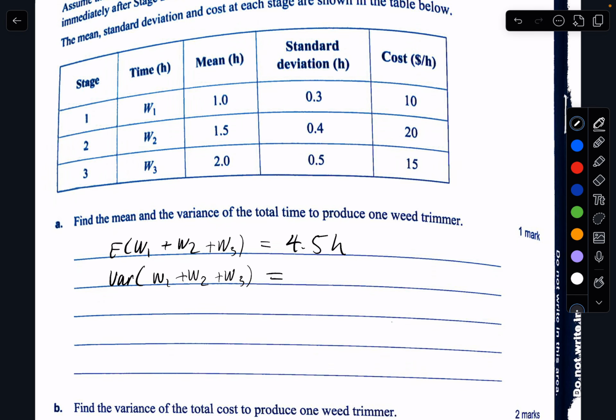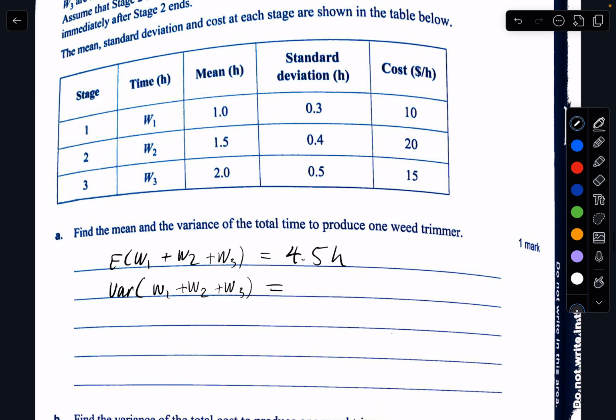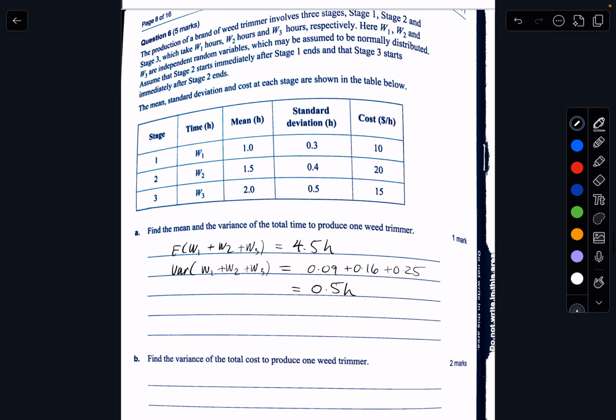You have to square them and add them. So 3 over 10 squared, 0.09 plus 0.16 plus 0.25 is equal to, what's that? 0.25 plus 0.25 is 0.5 hours.